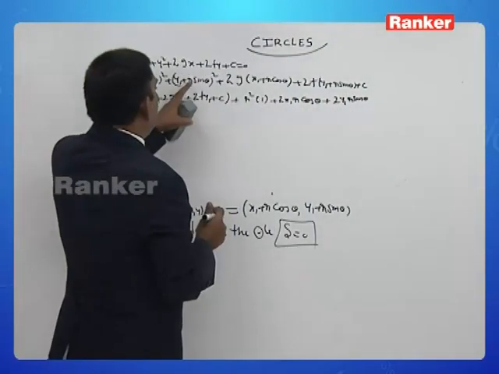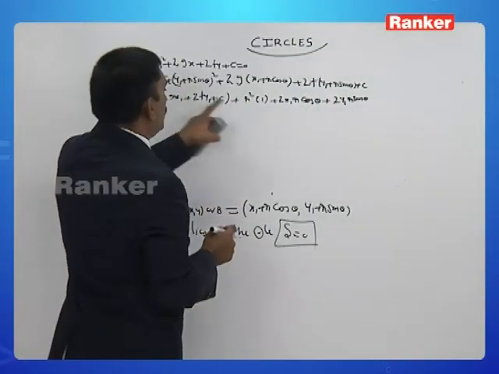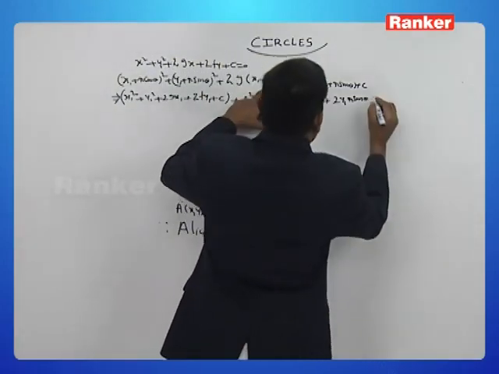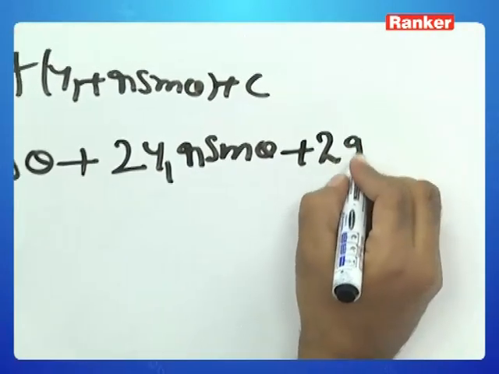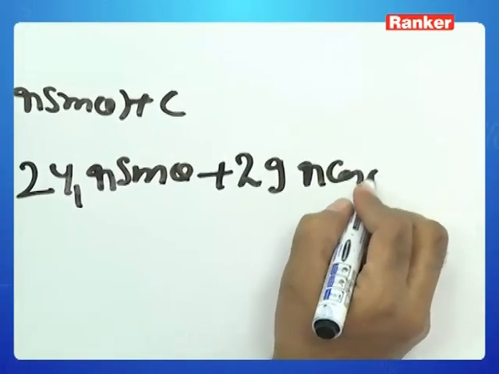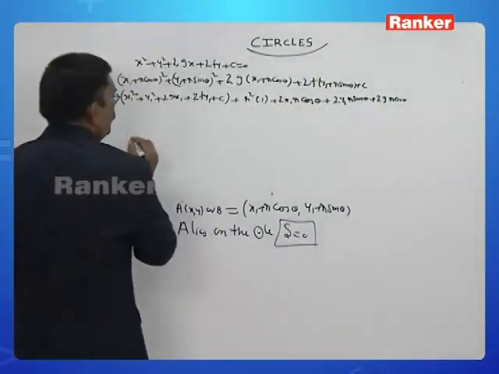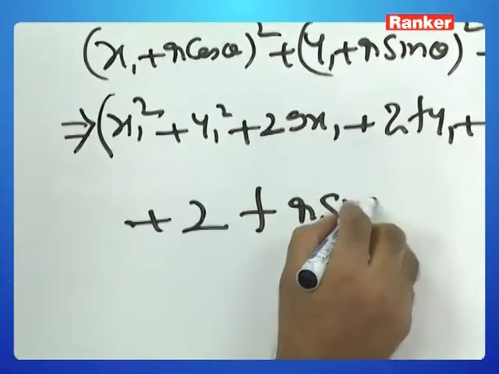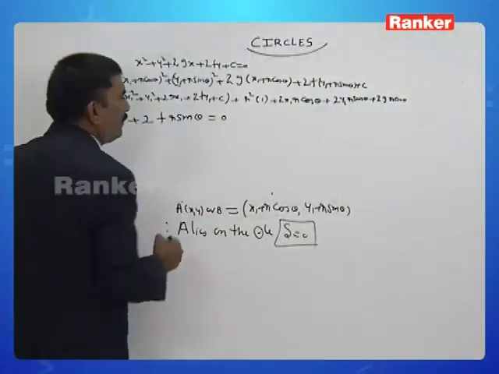Here r square sin square and r square cos square, I have taken common 1. Next, here 2g into r cos theta. Next, 2f into r sin theta is equal to 0, right?